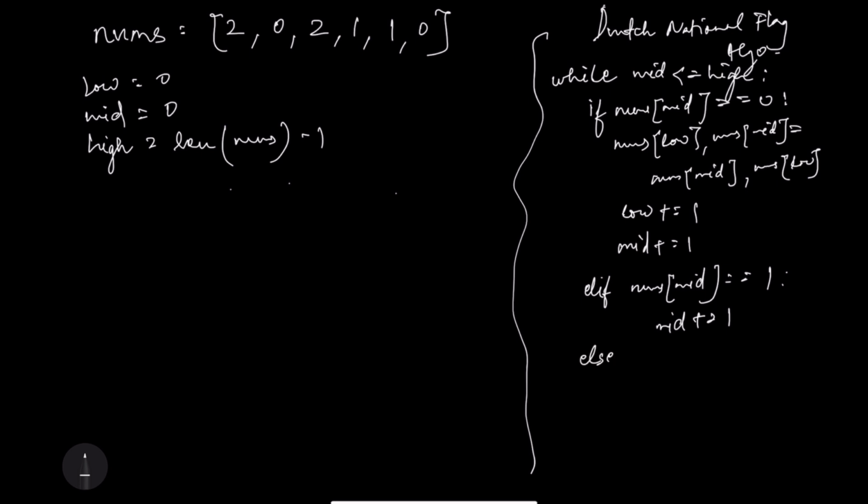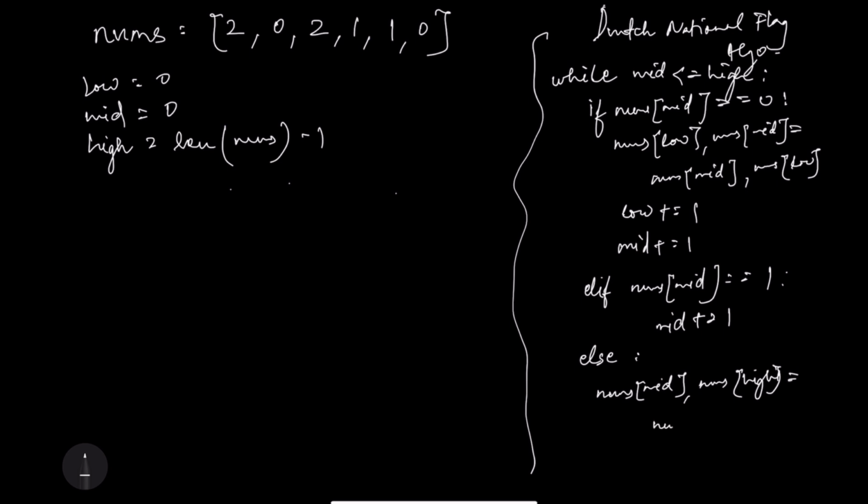Else what will happen? Else we will swap our nums of mid with our nums of high, because if it is not 0 and not 1, it is a 2. So if it is 2, we want it in our high position. If it is occurring in the mid, we will swap it with the high.